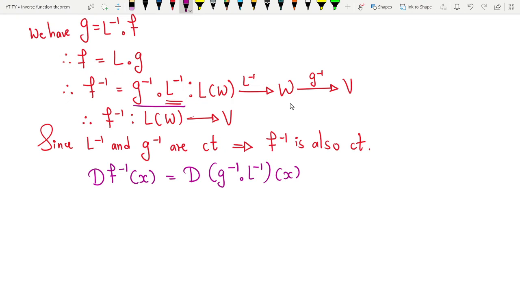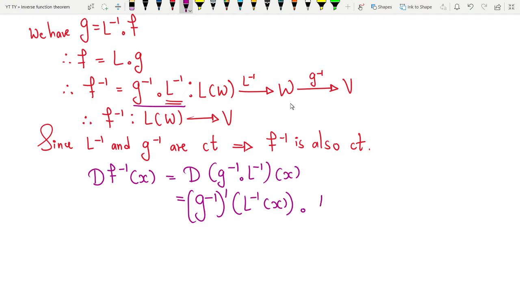It is just a notation, right? Taking x or y is totally fine. So this is the same as what? Chain rule, right? It is the derivative of g inverse at L inverse of x.